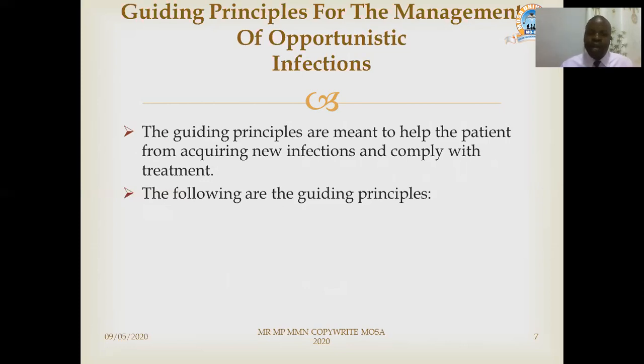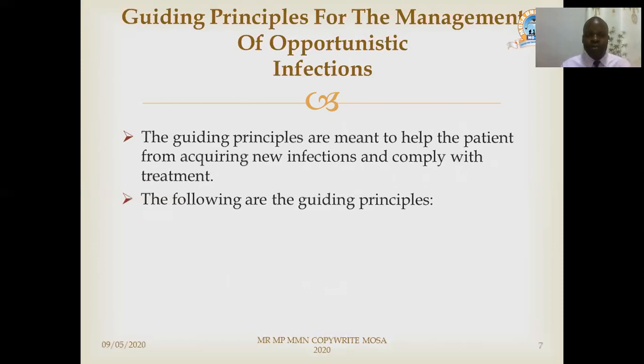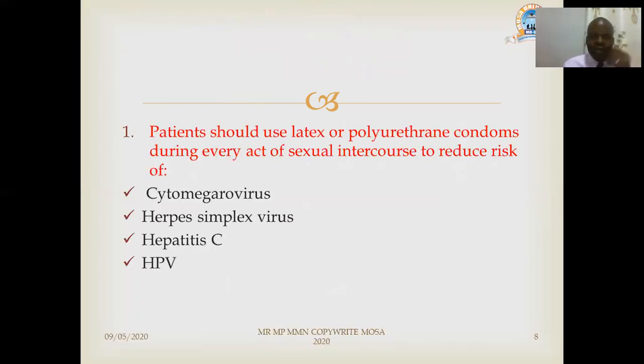The following are the guiding principles for opportunistic infections. The first one is that patients should use latex or polyurethane condoms during every act of sexual intercourse to reduce the risk of cytomegalovirus, herpes simplex virus, hepatitis C, and HPV, that is the human papilloma virus.